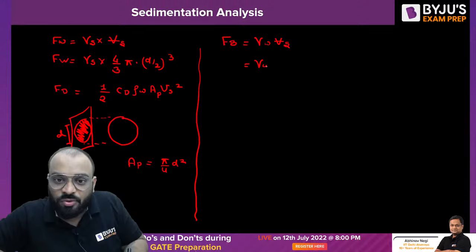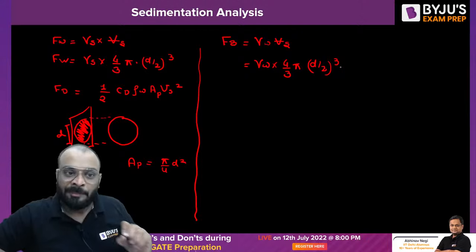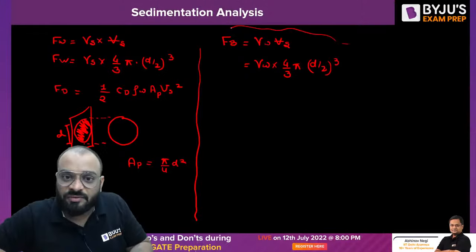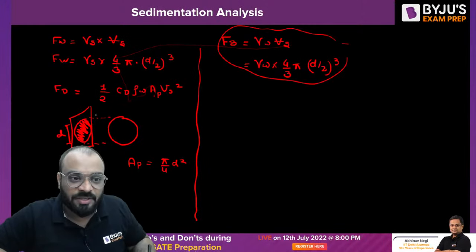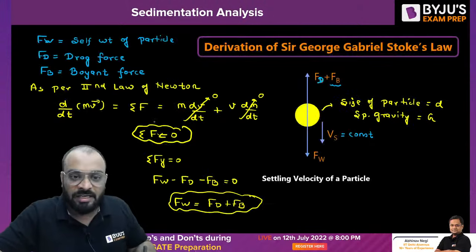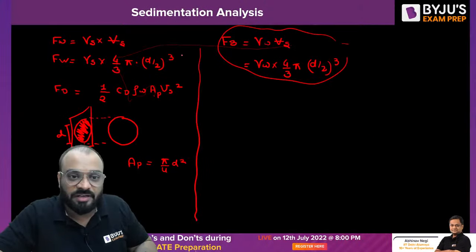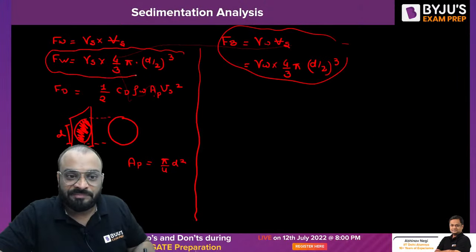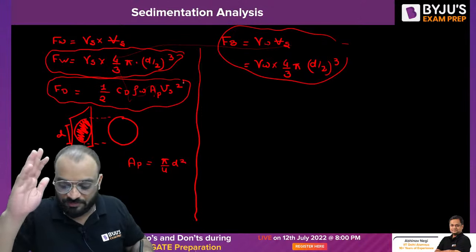So gamma W into 4 by 3 pi d by 2 whole cube. Clear? So this is one of the expressions. This is another expression which is Fd, and this is another expression which is our Fw. Now we need to equate all three of them to get the final equation.